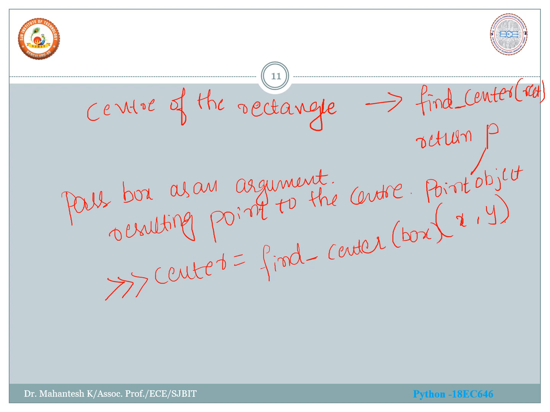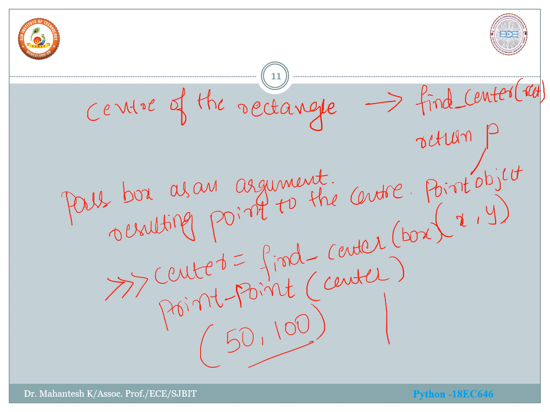Box is the argument we pass to the function find_center. When we print the point of center, it results in the center values of the rectangle. If this is my rectangle with x and y, width and length, the center point of that will be chosen and displayed.